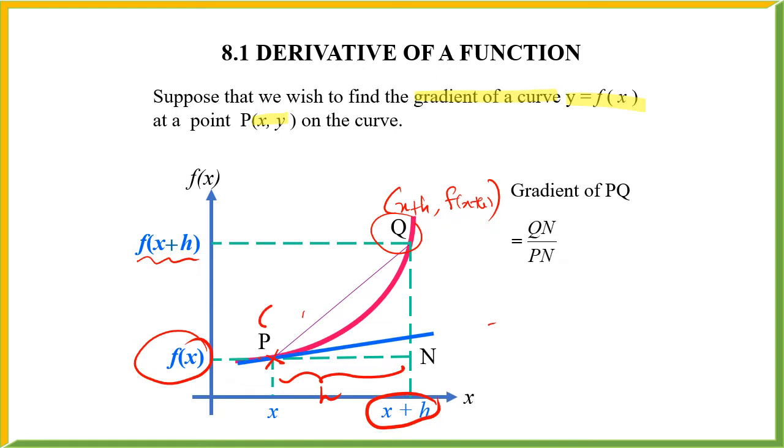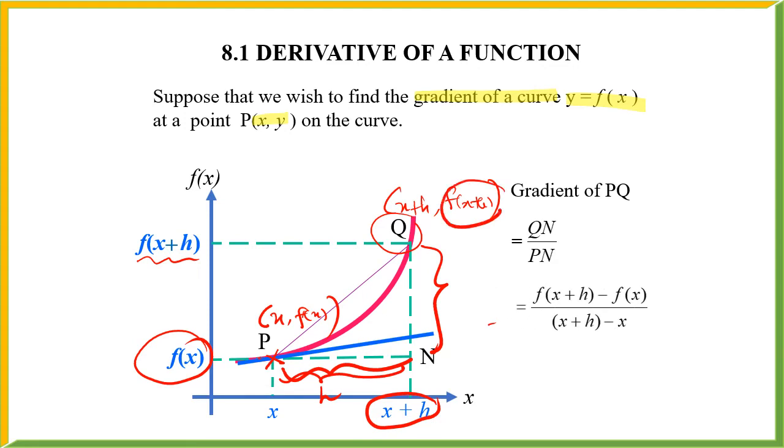The same as P, we have x and f(x), which is equal to y. So the ratio between QN, the difference between the y coordinates, and PN, the difference between the x coordinates, is f(x plus h) minus f(x), divided by x plus h minus x.